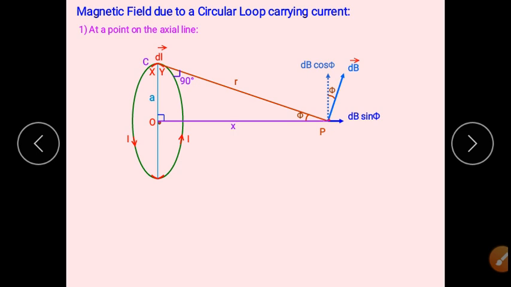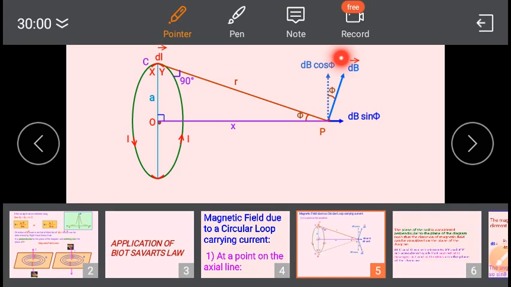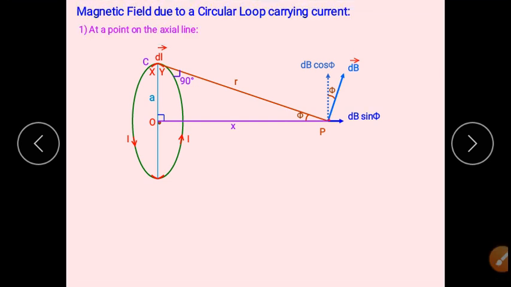Suppose this angle is phi, then the component near to phi will be dB cos phi and the other component will be dB sin phi. We are resolving dB into two components considering the angle of dB with the y-axis as phi.